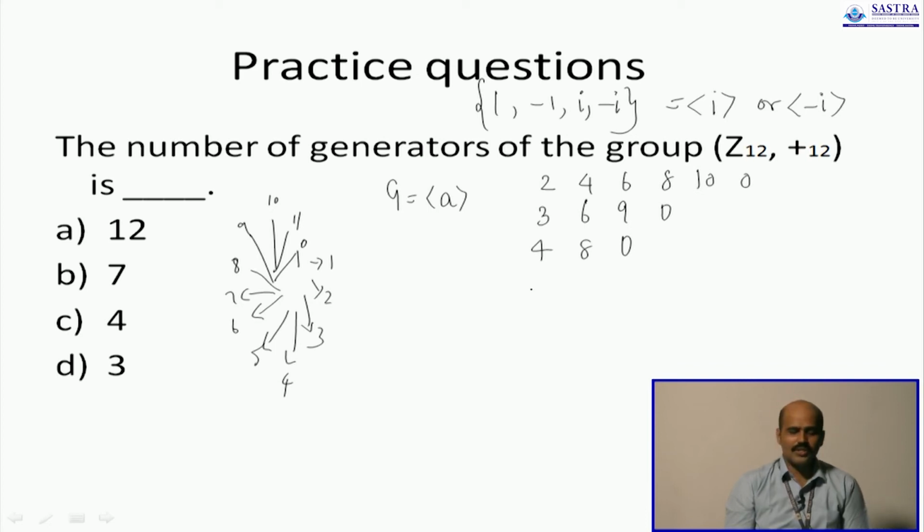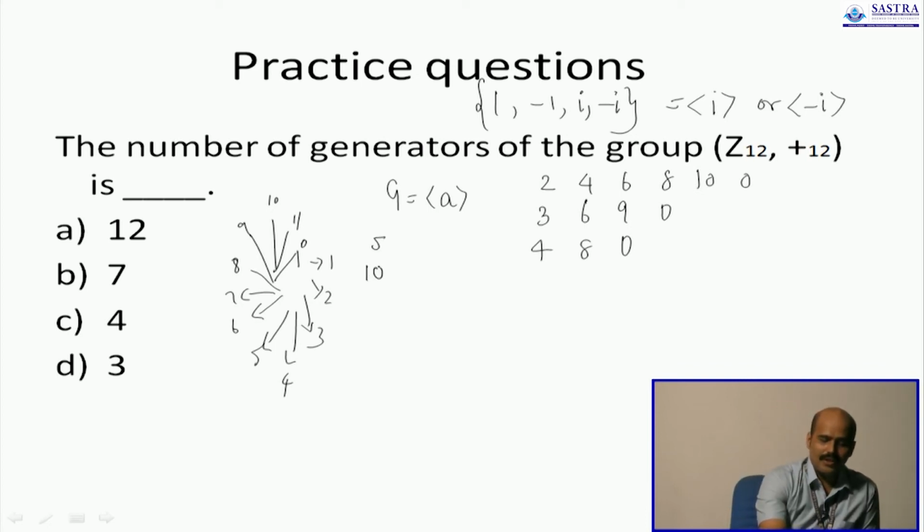it's an interesting choice. 5 power 1 is 5, 5 added 2 times is 10, 5 added 3 times is 15, 15 is 3, 5 added 4 times is 20, 20 is 8, 5 added 5 times is 25, which is 1, 5 added 6 times is 30, which is 6, 5 added 7 times is 35, which is 11, 5 added 8 times is 40 and 40 is 4, 5 added 9 times is 45, 45 is 9, 5 added 10 times is 50, 50 is 2, 5 added 11 times, 55 is 7, and 5 added 12 times is 60, which is 0.